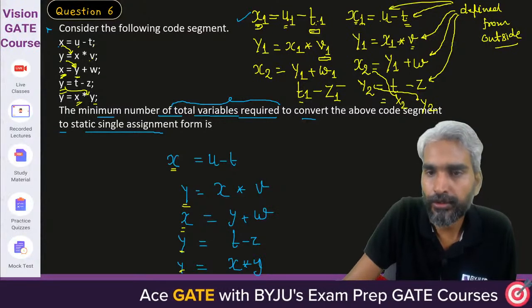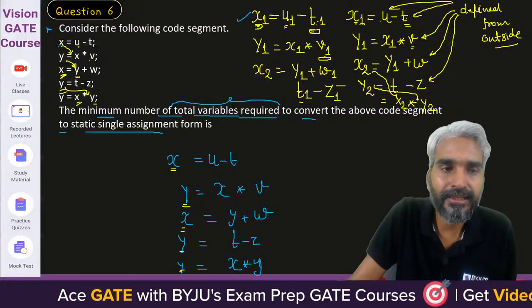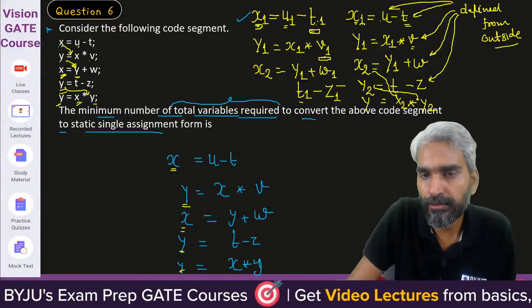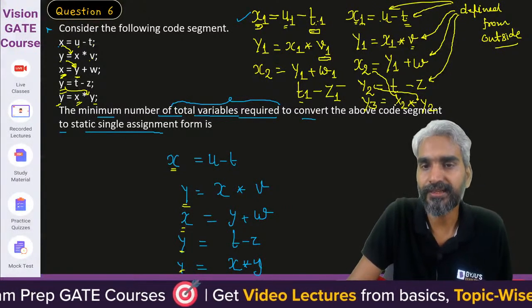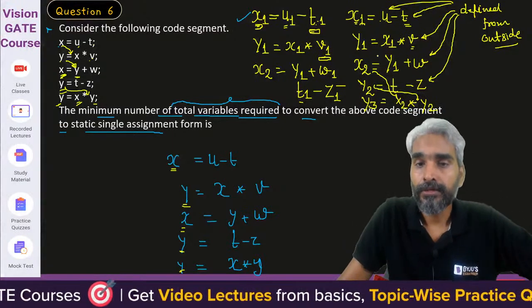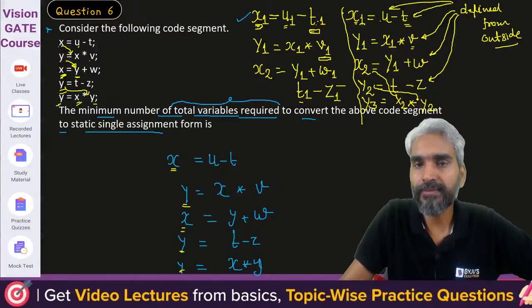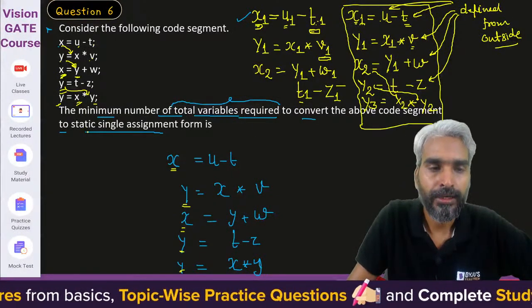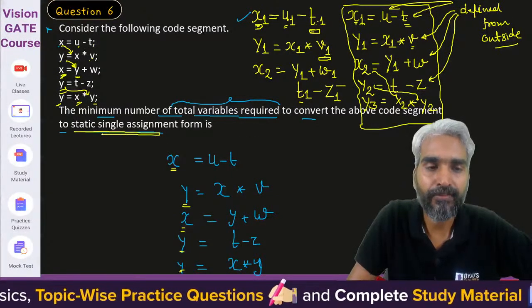Right? And you need to perform the multiplication. And the result needs to be stored in y. But again, y1 and y2 cannot be used. You need to use a new variable, that is y3. Clear? So if you look at this code, how many variables are there if you convert it into static single assignment form?